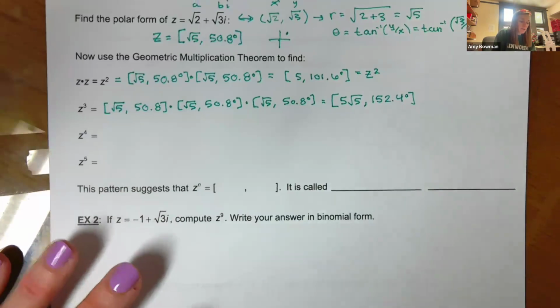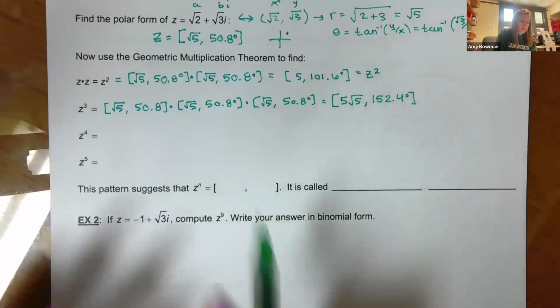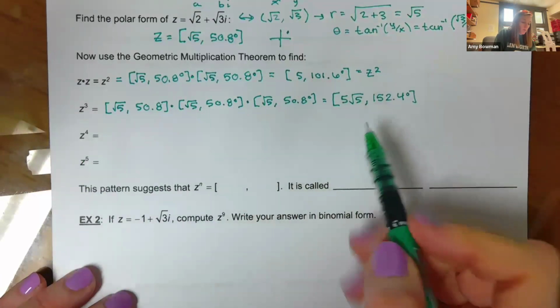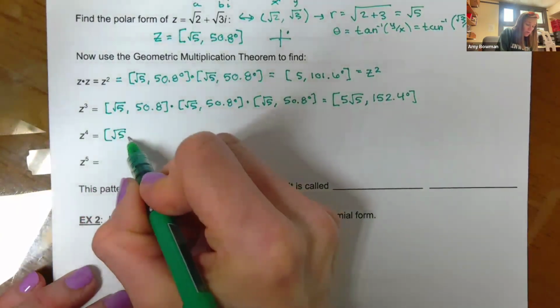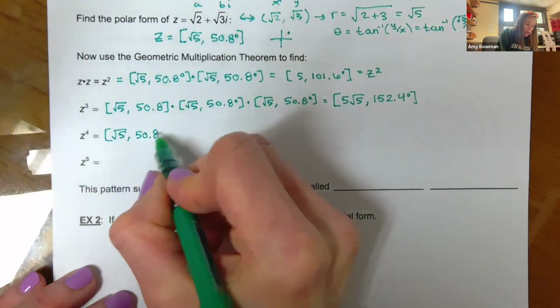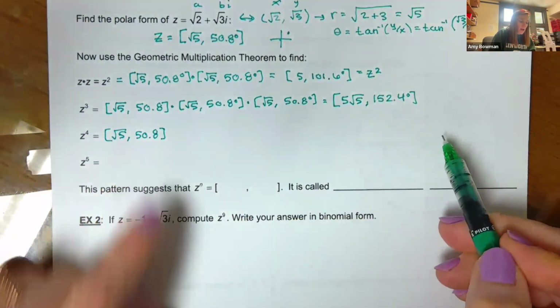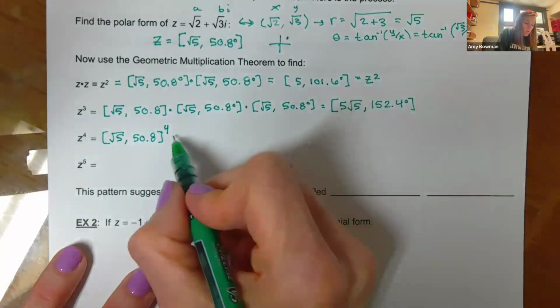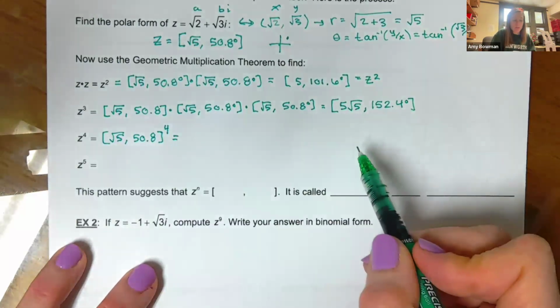Okay, we continue this logic. We can save a little bit of time because I'm sure you're already starting to pick up on ways that we can streamline this and not write out all 4 of these together. So we are going to be taking square root of 5, 50.8. Now, instead of writing that out 3 more times, I'm just going to put to the 4th power, and then we'll reason through what our result will be without multiplying or writing it out 3 more times.